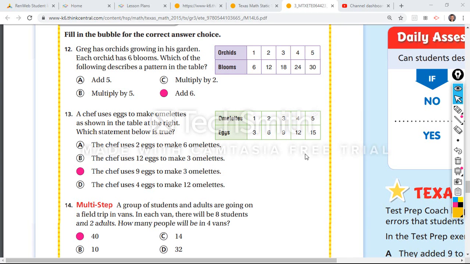Let me just say this real quick before I start. I am very proud of each and every one of you. You have been doing an amazing job with those online quizzes. I have been updating those on RenWeb, and if you go and check, there's hundreds across the board. It's very rare that I see anything below an 85, to say the least.